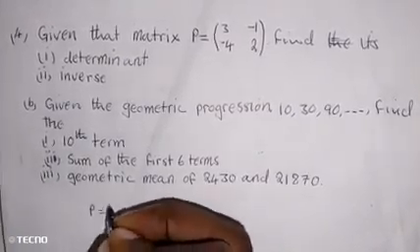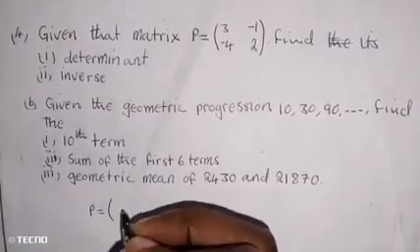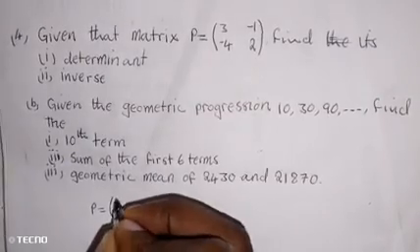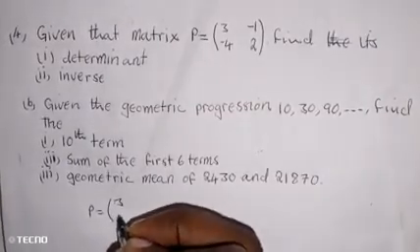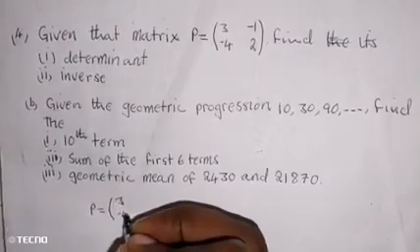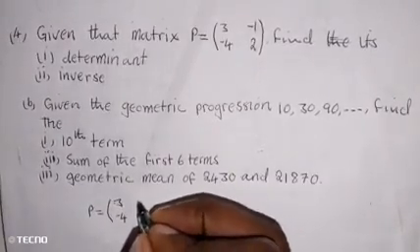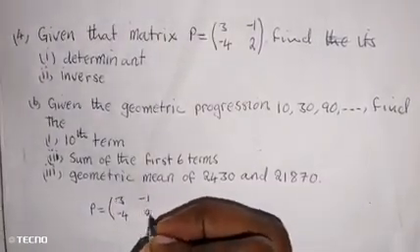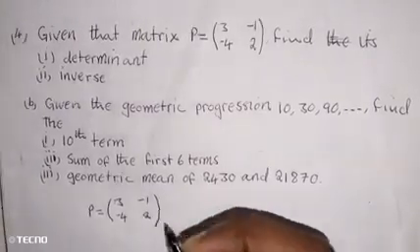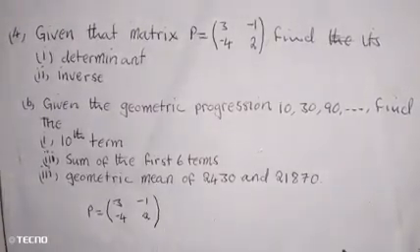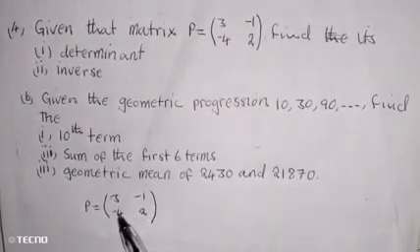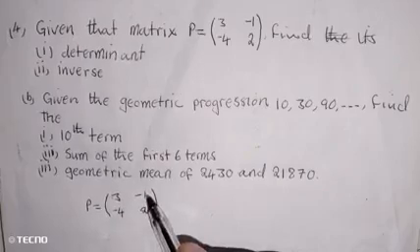P, which is matrix P, here we have 3, then we have -4, then -1, then 2, like this. So remember, for determinant we say it's major diagonal minus what? Minor diagonal.